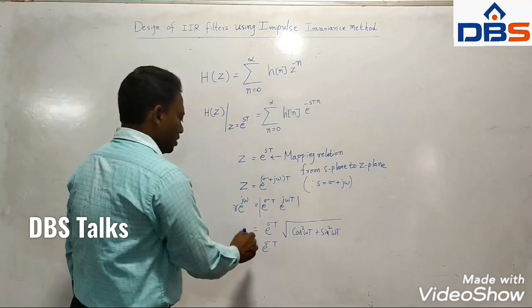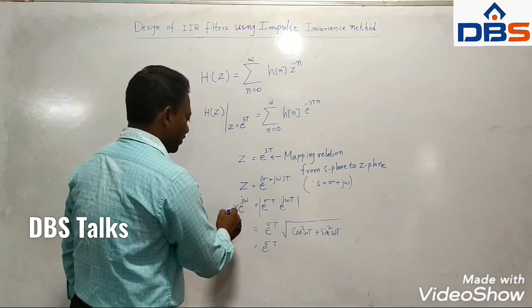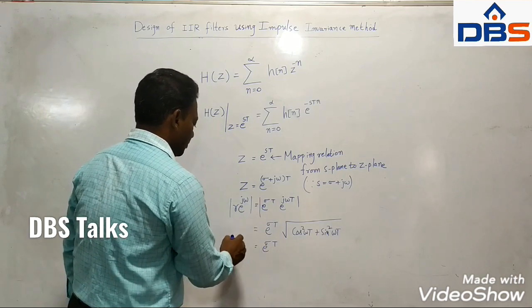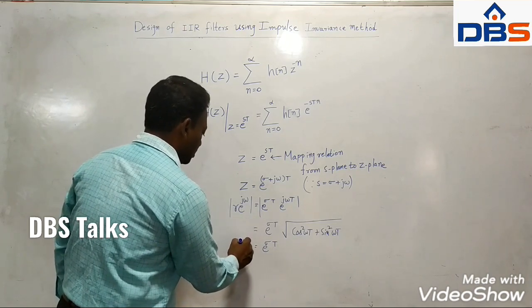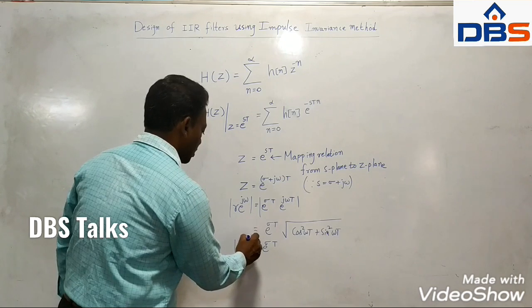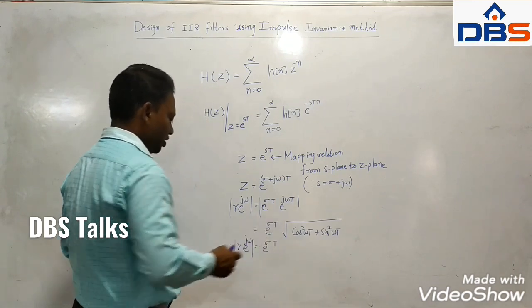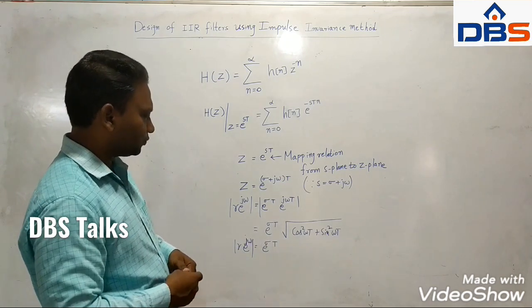So the magnitude of the function, mod z, is e power sigma t.